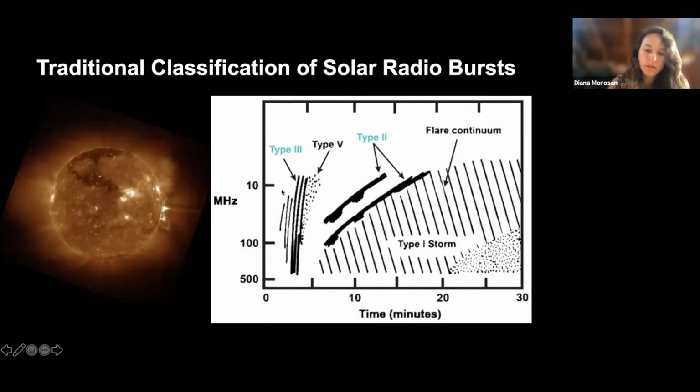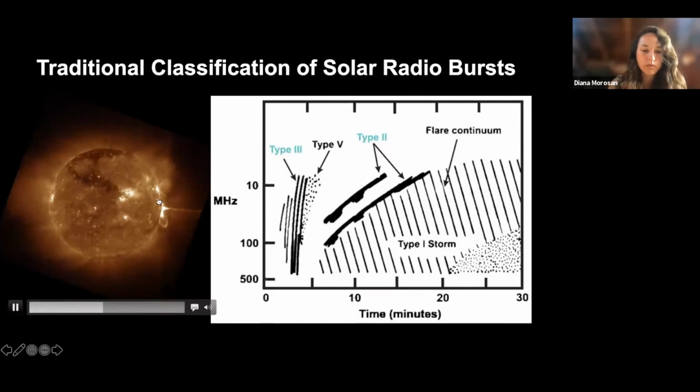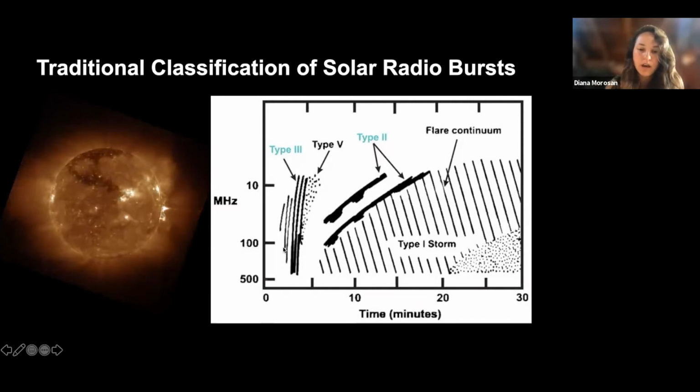And every now and then we see different bright shapes that are classified into different types of radio bursts. So the first thing we see when a flare happens, well, not always, we see these very almost vertical lines in dynamic spectra, and those are called type 3 radio bursts.